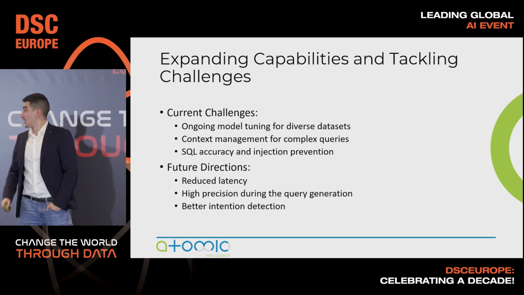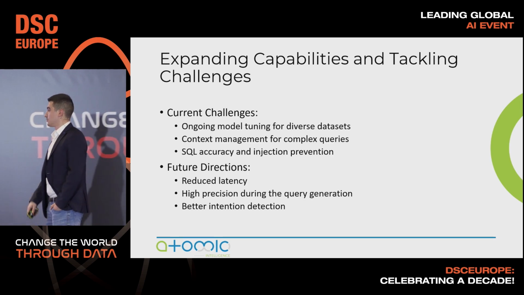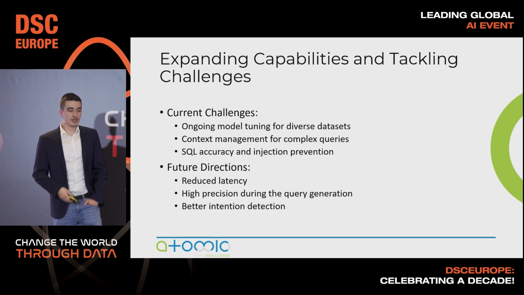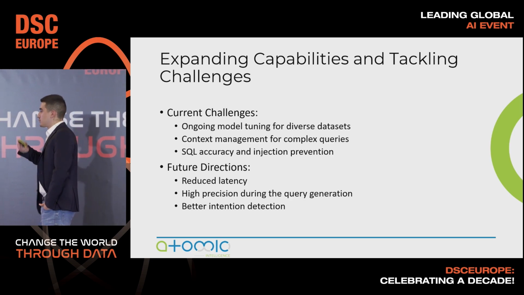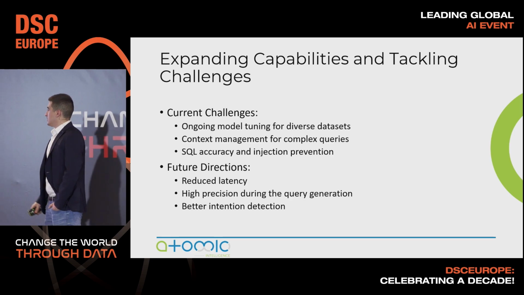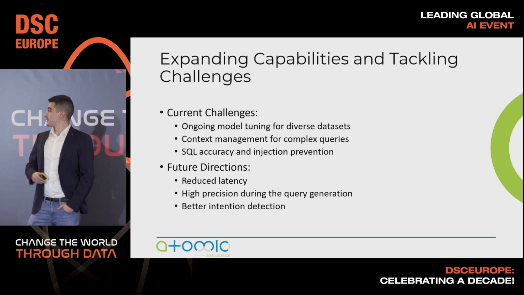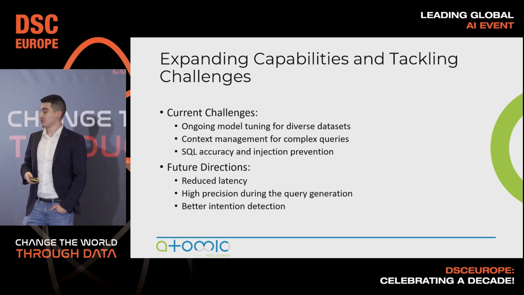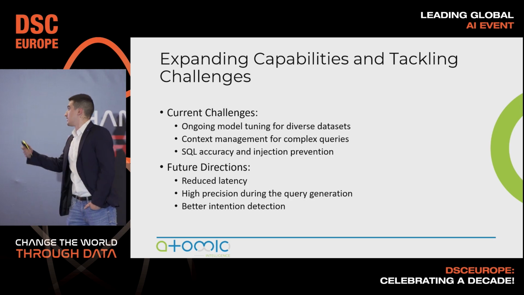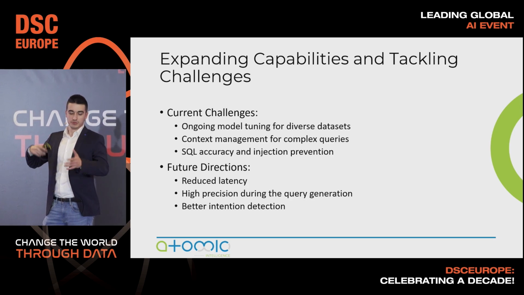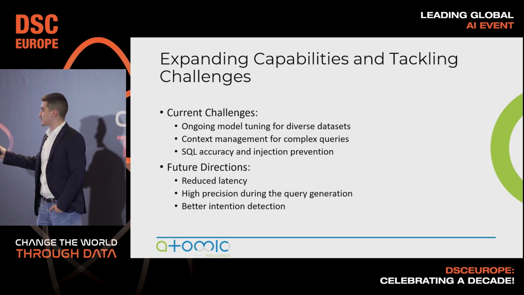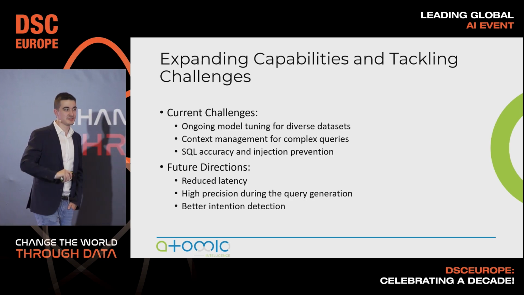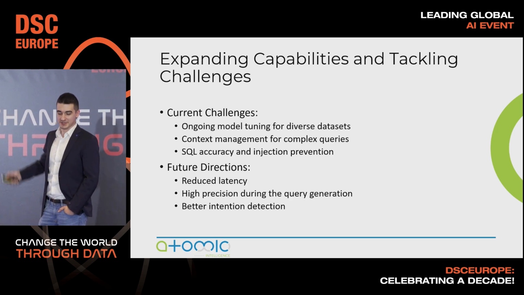As for the future directions, we're looking to reduce latency, either by distilling the models or some other techniques, by scaling and such. We're also looking to get higher precision during query generation by fine-tuning bigger models and so on. And we're looking to get better intention detection by perhaps using some of the techniques which were mentioned in the presentation before.